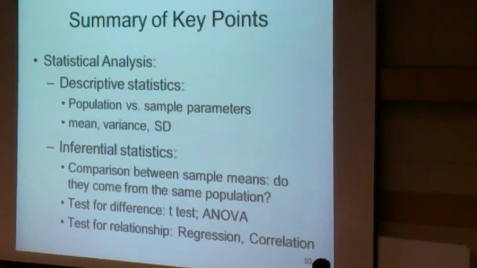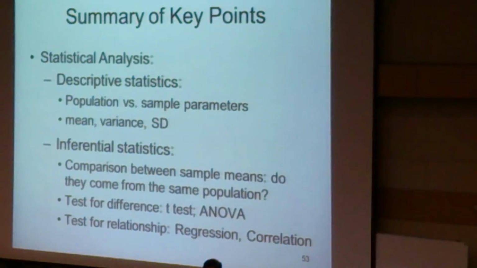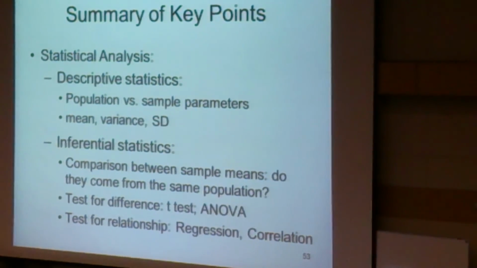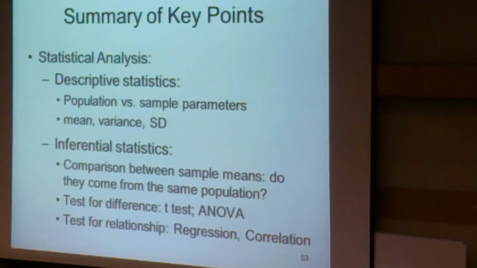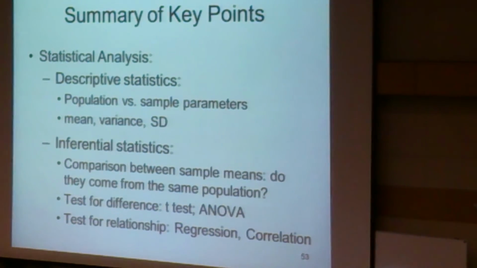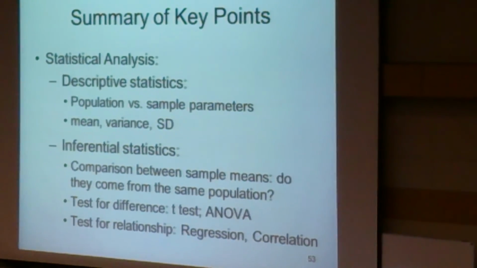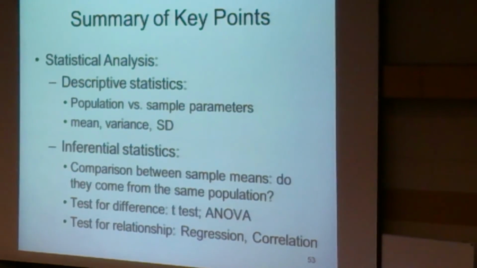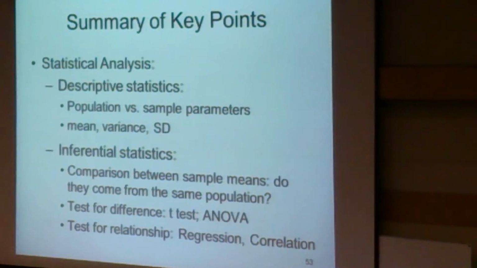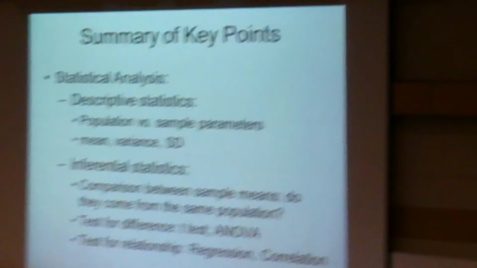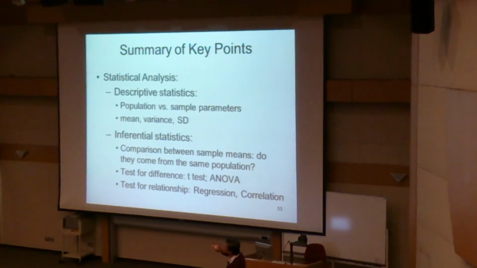If we summarize all the key points we have taken so far on statistical analysis, we have descriptive statistics. We talk about populations, we talk about samples, and you have sample mean versus population mean, sample variance versus population variance, etc. Always you're trying to say whether your sample mean can represent your population mean, and whether your sample variance can represent your population variance.